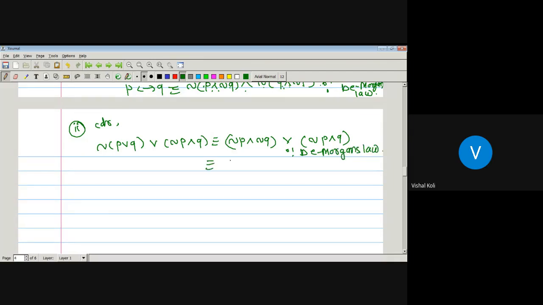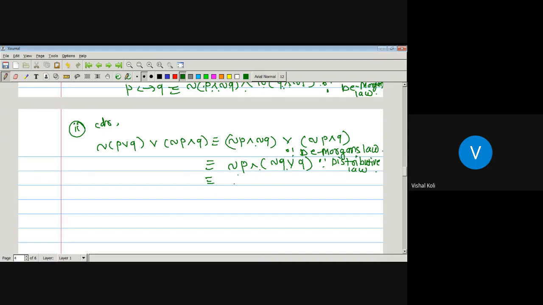Now it can be written as (negation of P and negation of Q) or Q, since it is from the distributive law. Since (negation of P and negation of Q) or Q is nothing but (negation of P or Q) and (negation of Q or Q).